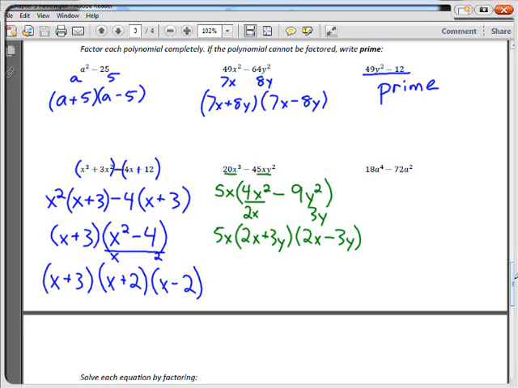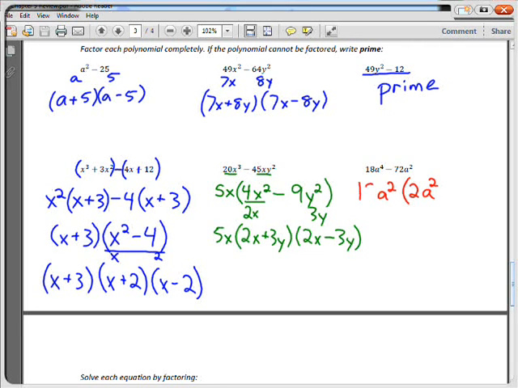On the last one, 18a to the fourth minus 72a squared. Again, it's just like the one we just did. We need to factor out a greatest common factor first. Hopefully you should recognize the greatest common factor here is going to be a 9a squared. If I factor out 9a squared, I'm going to be left with 2a squared minus, actually I'm sorry, the greatest common factor is not going to be 9, it's going to be 18.